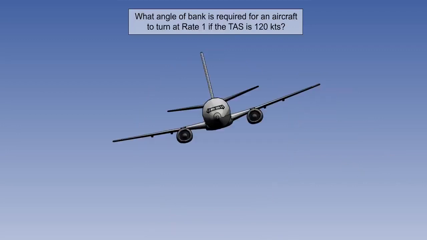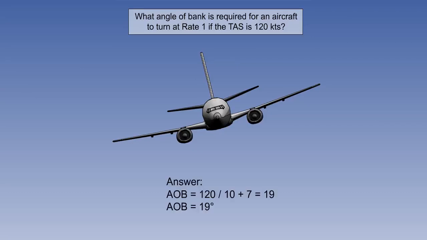Another rule of thumb formula, which has a very practical use, gives us the required angle of bank for a rate 1 turn at any given true airspeed. The rule of thumb formula is the angle of bank equals the true airspeed divided by 10 plus 7. So let's assume the true airspeed is 120 knots, and let's apply the rule of thumb formula.